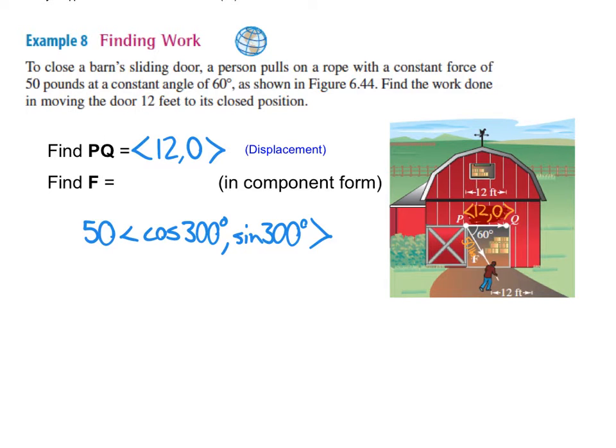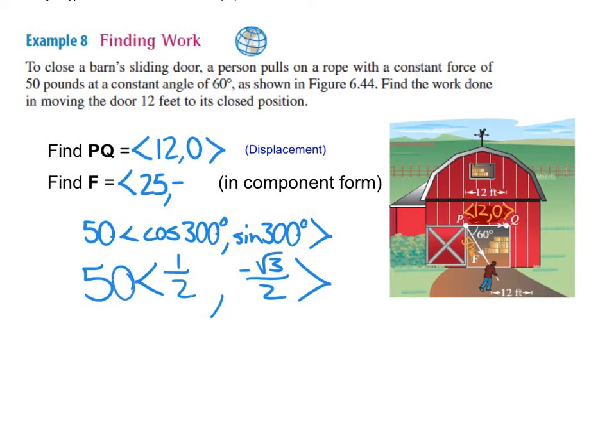It's 1/2, positive, since cosine is positive in the fourth quadrant. And the sine is negative root 3 over 2. So 1/2 times 50 would be 25, and then negative root 3 over 2 times 50 gives us negative 25 root 3. So now we have our force vector in component form. That's the hardest part of this.